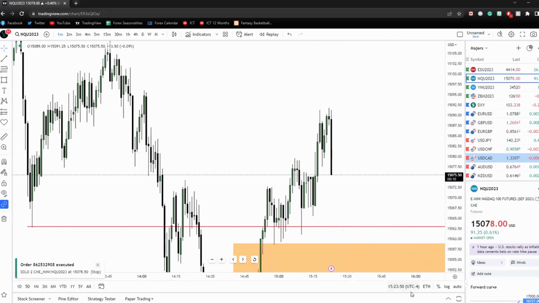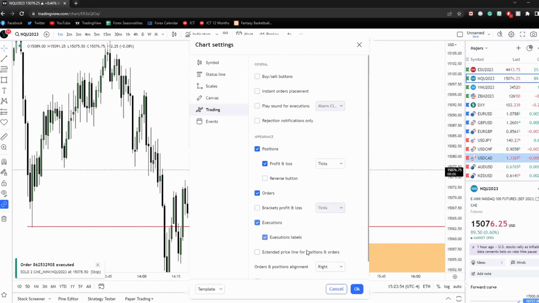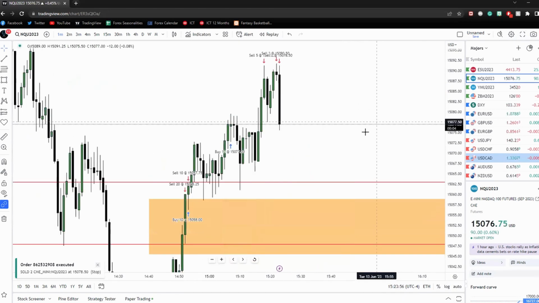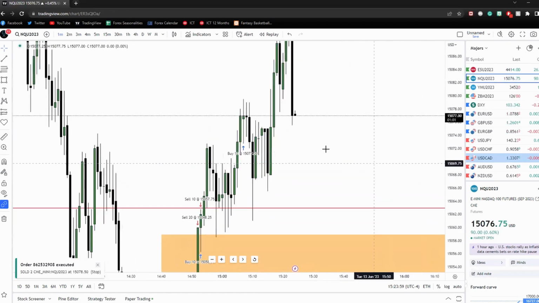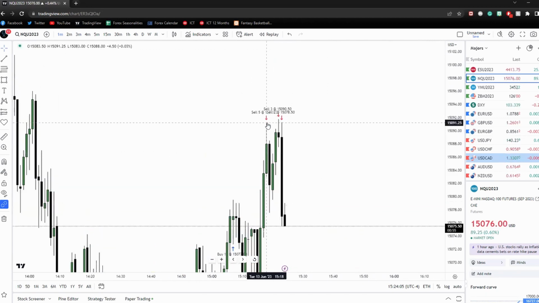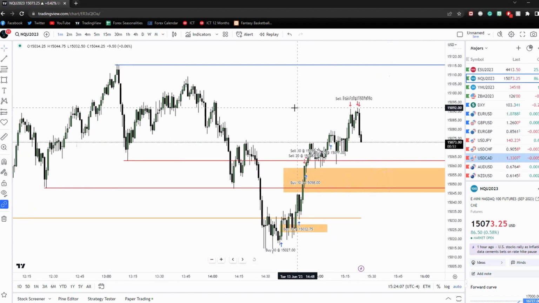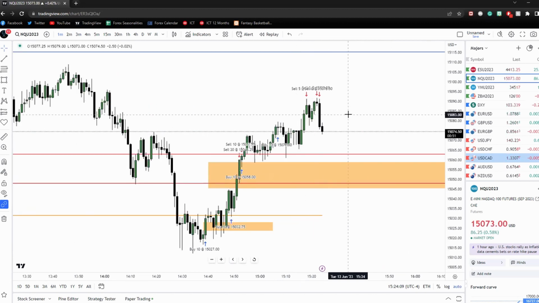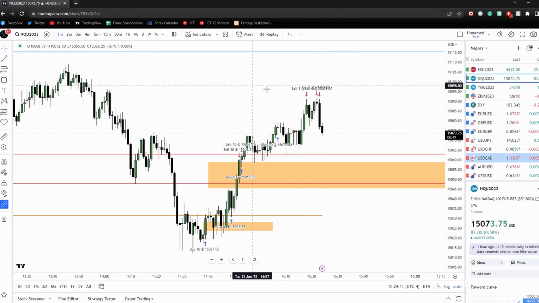There you go, boom, stopped out at a profit. So you guys can see executions. So I took a trade here, entry up here, took drawdown, ran higher, collapsed my trade here, right? Simple. I know I say simple like it's easy, but yeah.